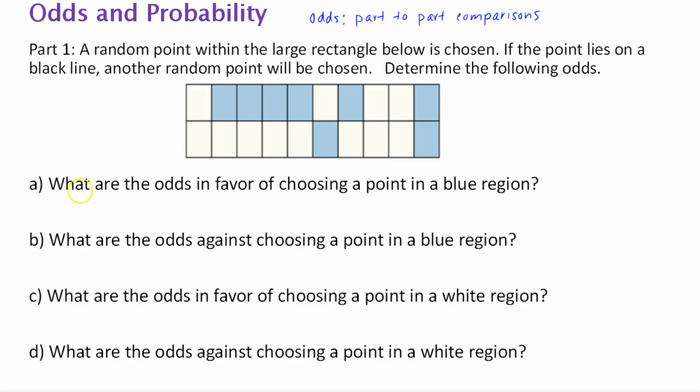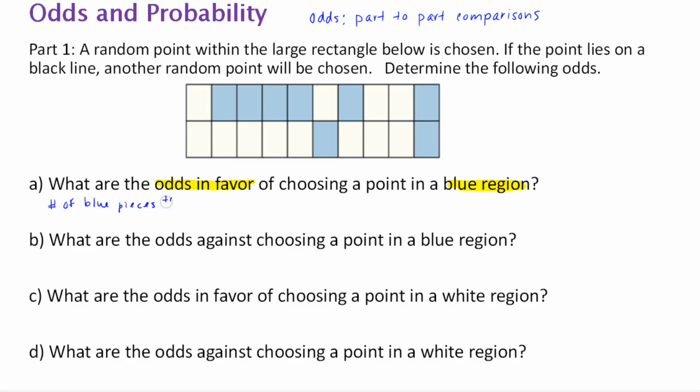What are the odds in favor of choosing a point in a blue region? Notice it says odds in favor, and we're looking at the blue region. In longhand, this is the number of blue pieces. Notice all the pieces are the same size, so we're going to count the pieces.